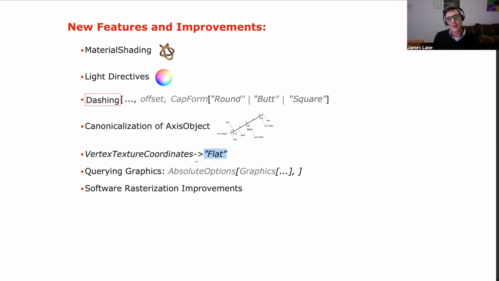And then we've added more options for Graphics and Graphics3D that you can query using AbsoluteOptions. And finally, I'll be looking at some speed improvements, which we've made for our software rasterization for Mesa particularly.